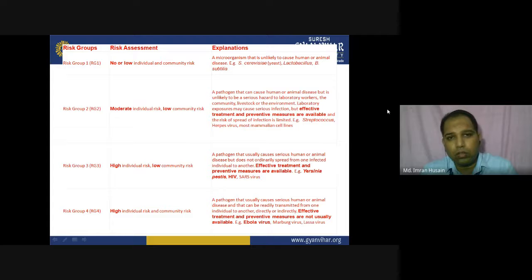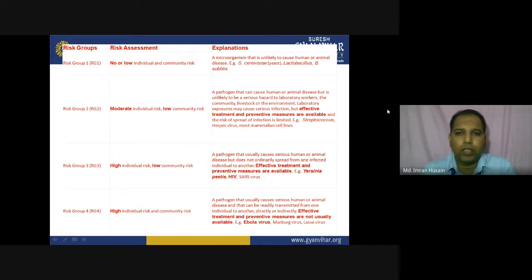Moreover, the real summary is that when an individual, a scientist, or a research scholar is working under laboratory conditions, all the microbes have been categorized under risk groups.